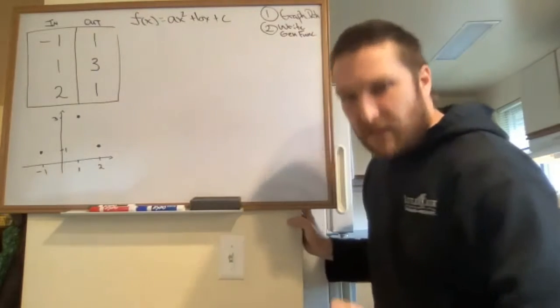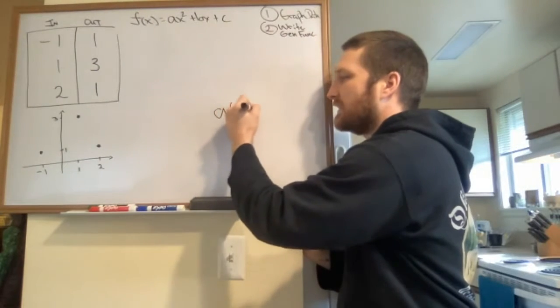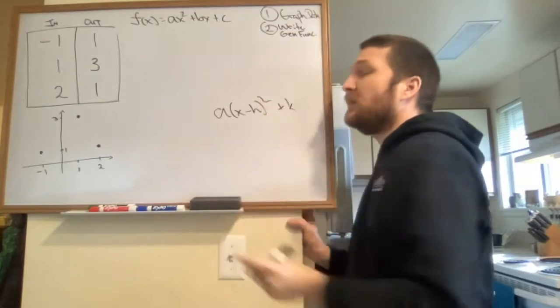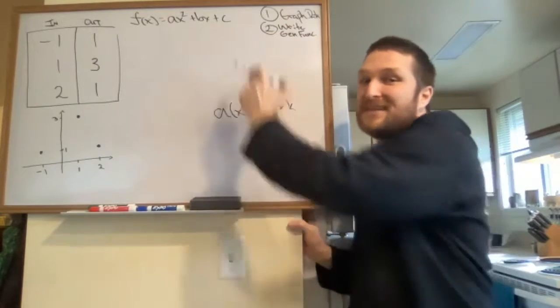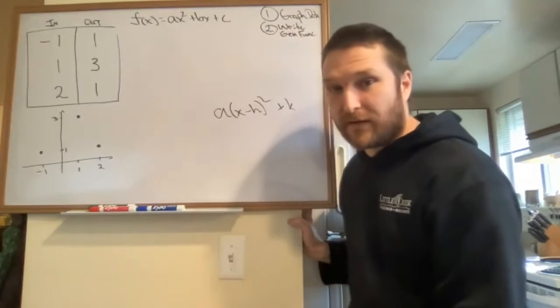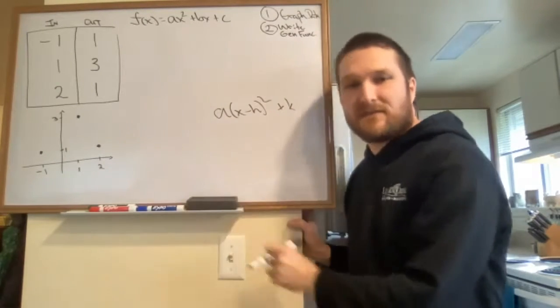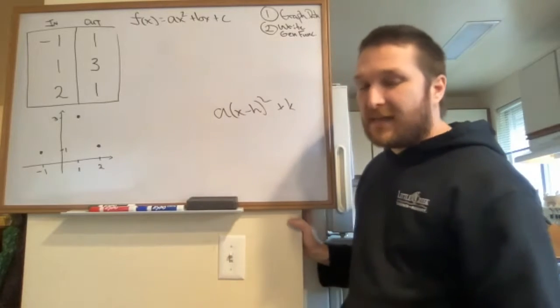If I were so inclined, I could say, well, what about a(x minus h) squared plus k? We could do that. That's possible. We'll see in a minute that this way is going to be way nicer for what we've been doing. Now, let's just, as an aside, I've said this a few times. I'm going to say it again.